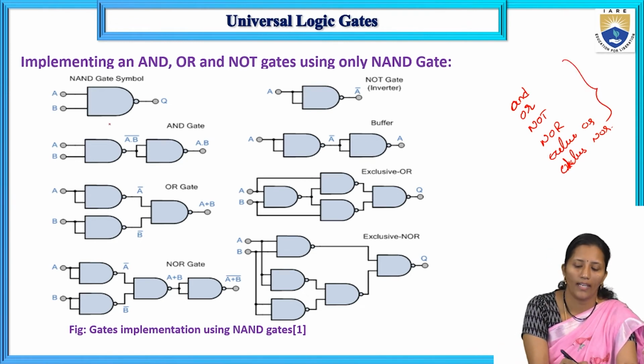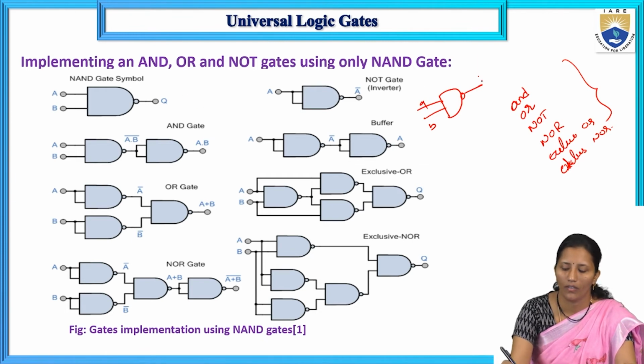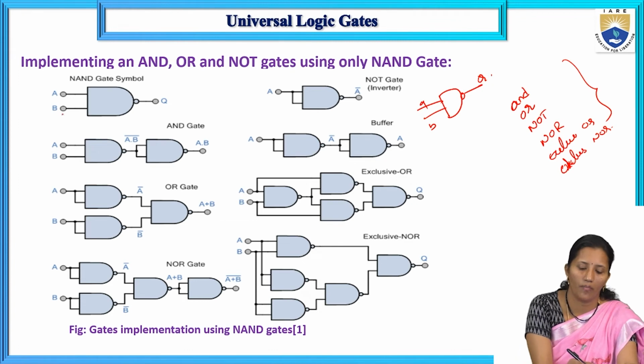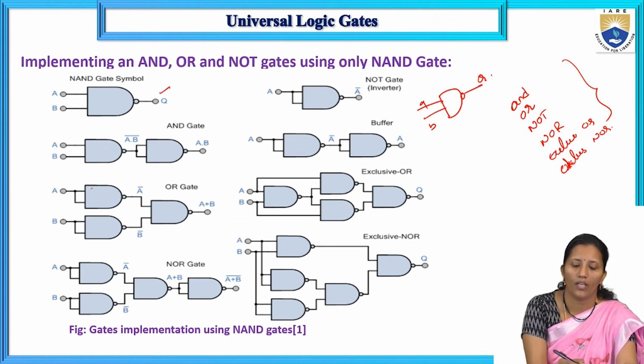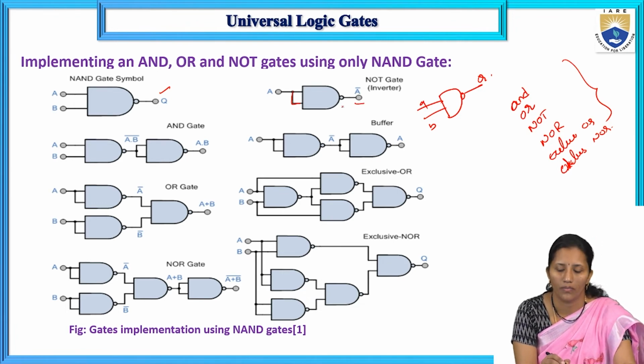The NAND gate symbol is represented like this, with inputs A, B and output Q, or Z, anything we can take. To convert the NAND gate into an inverter, if both the inputs are given the same input, then the output is the inversion of the input.